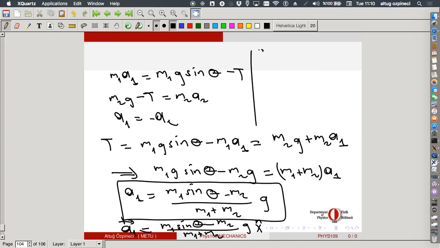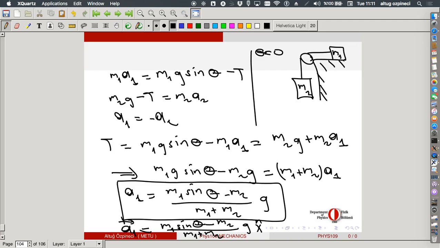Well, you see, when theta is equal to 0, this is the case we have. This is the mass m1. There is no friction. This is the mass m2. What is the direction of acceleration? Does it depend on the masses? Well, the acceleration of m1 cannot be downward, it's horizontal.